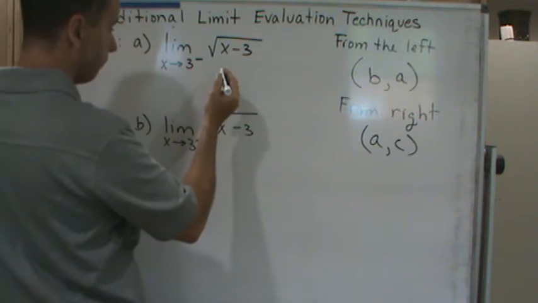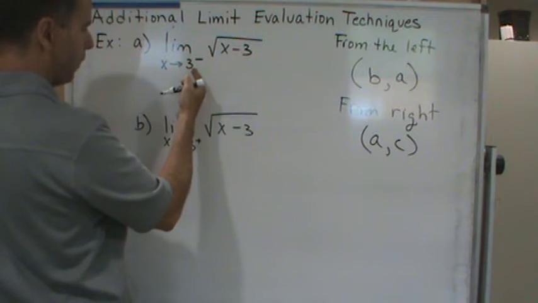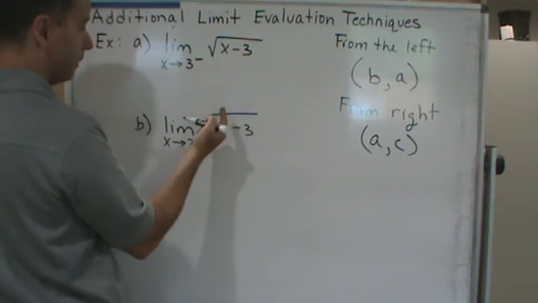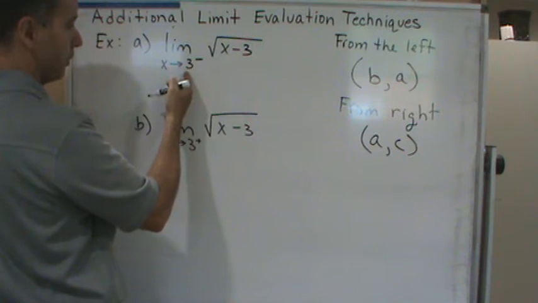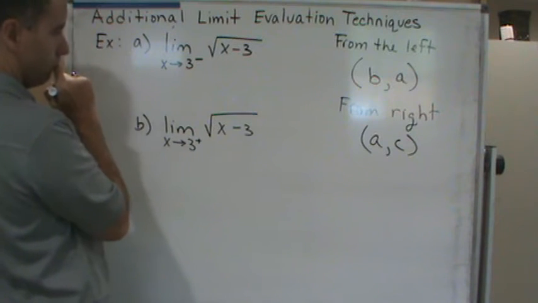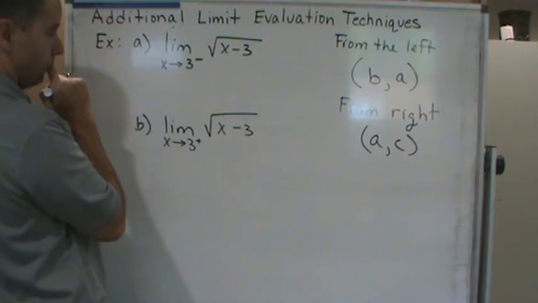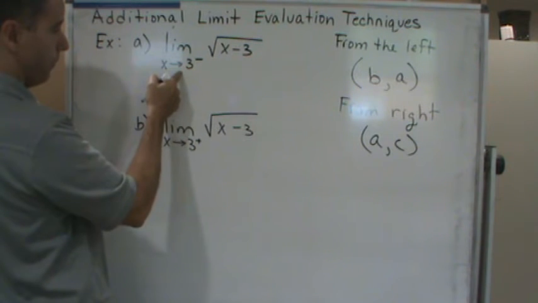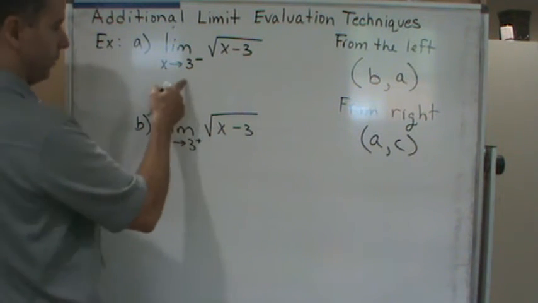So, is it? Well, if we approach 3 from the left, we're going to be less than 3.